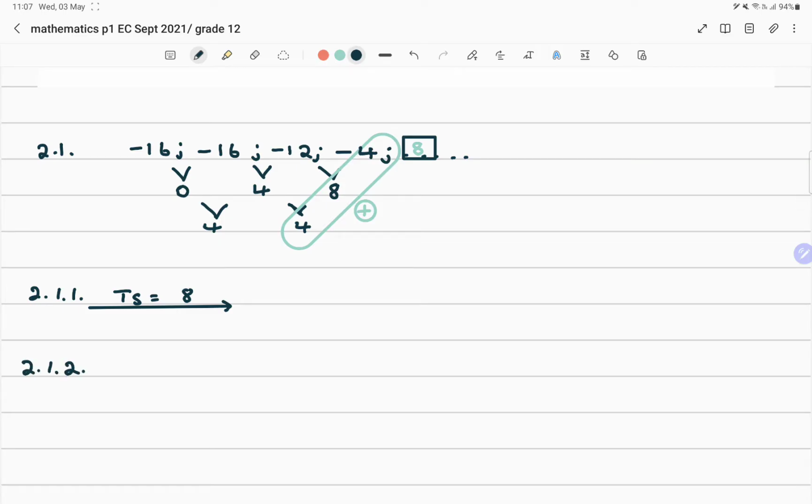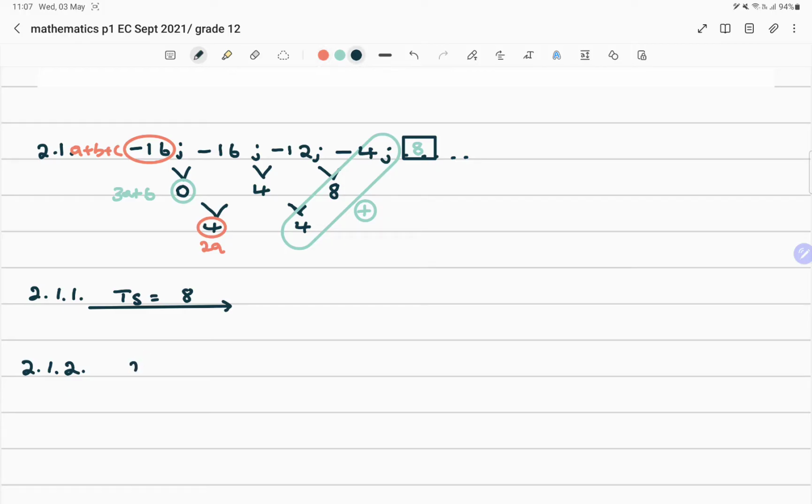2.1.2. We know here that this portion here represents 2a. Okay? And then this portion right here represents 3a plus b in general. And then that little friend of ours represents here a plus b plus c.